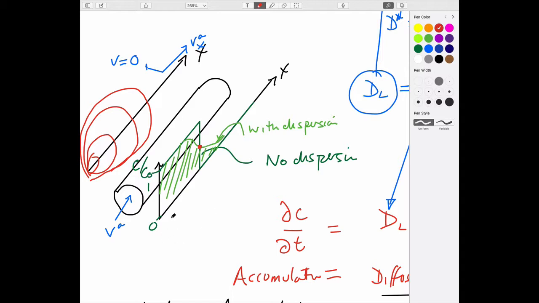And we made the suggestion that this length here to the plug flow curve should be something like, well, we can calculate it. Advective velocity is equal to length over time. So length has to be equal to advective velocity times time. So if you know how long it's flowing, you know the advective velocity, you could calculate how far that is.